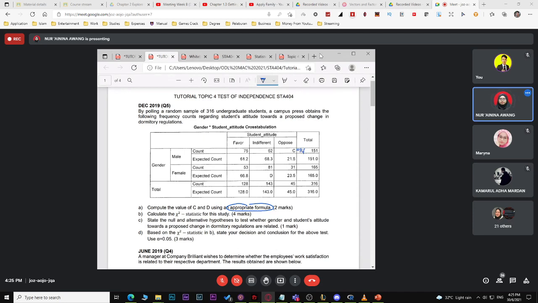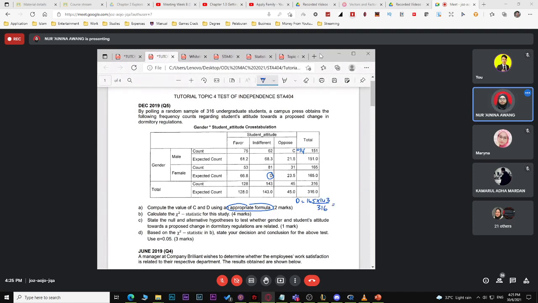Okay. And then for D, D is your expected count. So like it or not, you need to use the formula: total row times total column divide by your sample size. Okay, so for this, make sure you use the correct formula.